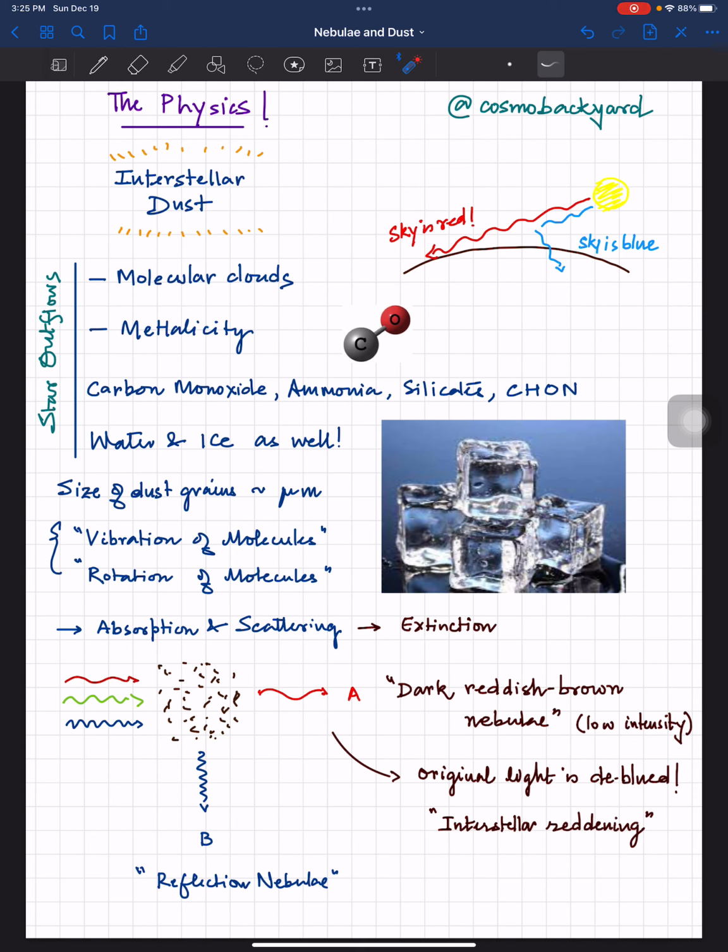A lot of that is made up of these molecules, because they're a result of the end of the nuclear fusion cycle. They go out into the galaxy, form the interstellar dust, and fill the spaces between the stars. The size of these dust grains is around micrometers.